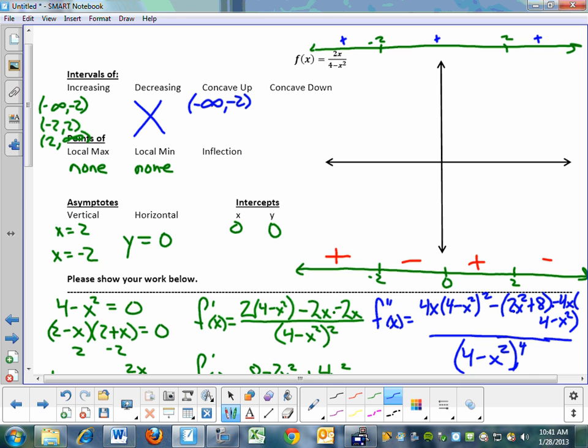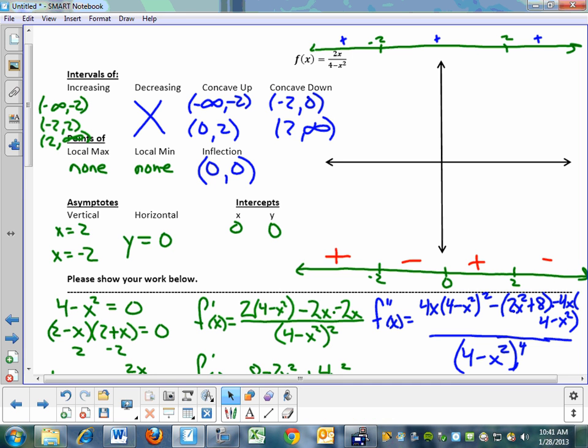Negative infinity to negative 2. 0 to 2, concave down. The inflection point occurs at 0. Plug in 0, you get 0. Here is my graph.